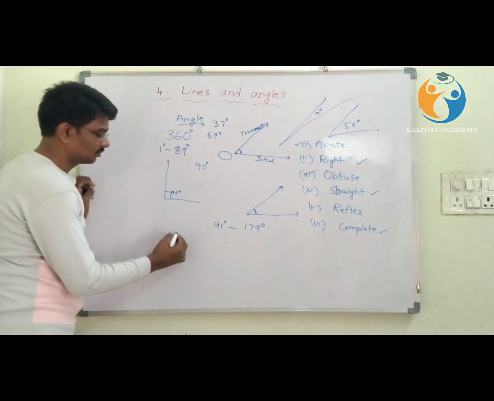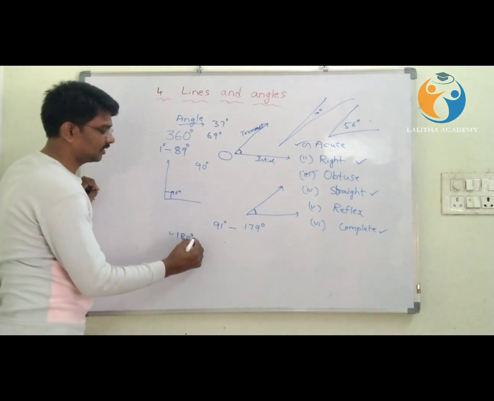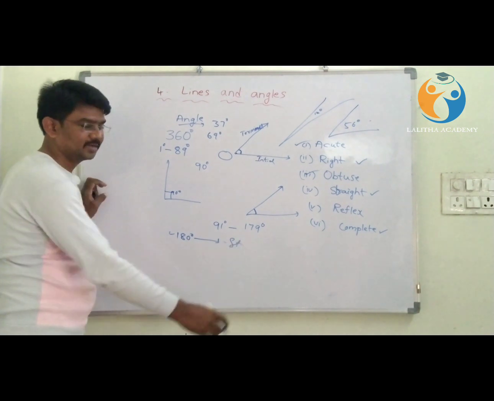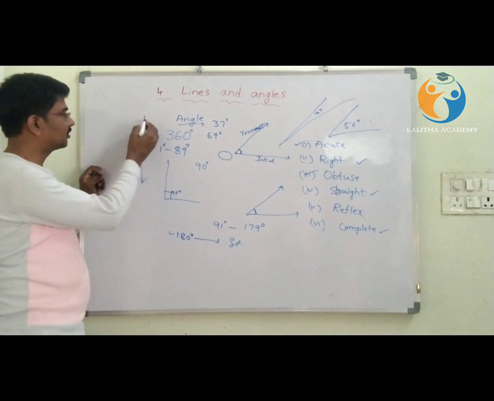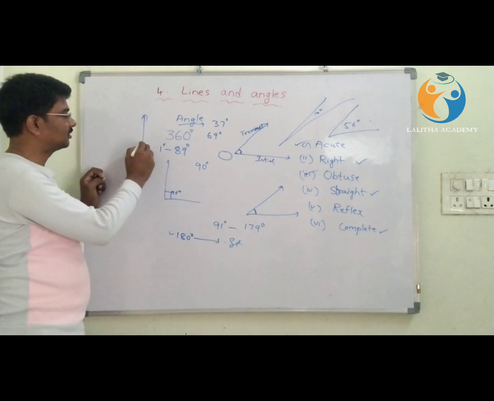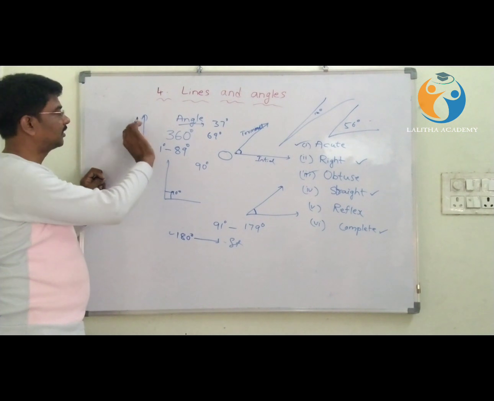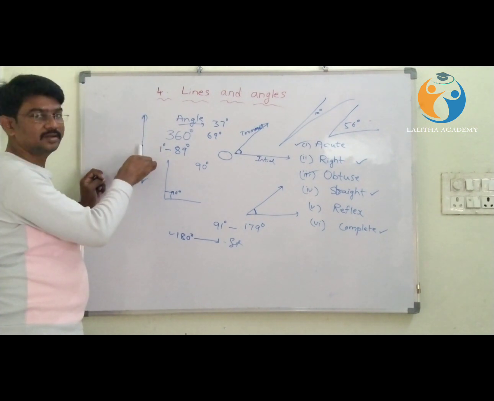Next, 180 degrees is called a straight angle. Straight angle is like this. Suppose this is the initial position, the ray started at this point and started moving, and reached here.